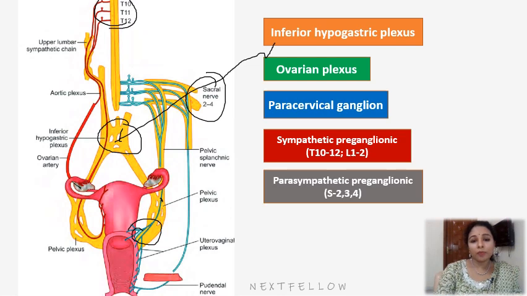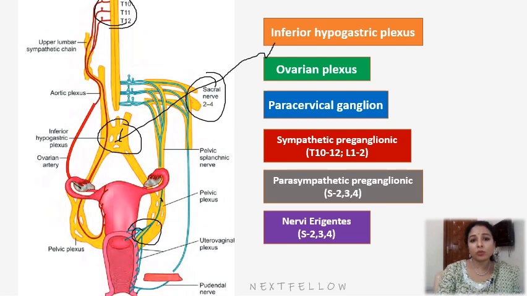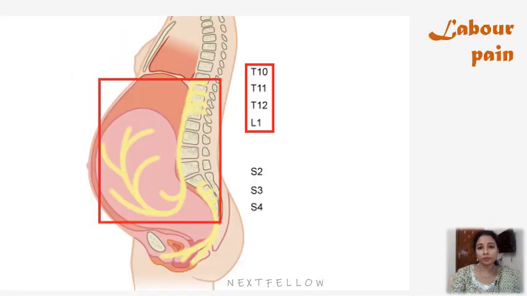Coming to the sensory supply, the sensory supply to the cervix and upper part of the birth canal passes through the pelvic splanchnic nerves, which are called nervi erigentes. The root value of the sensory nerve is S2, S3, S4. And those from the lower portion of the birth canal are primarily supplied by the pudendal nerve. We can see the pudendal nerve, which supplies the lower part of the birth canal.